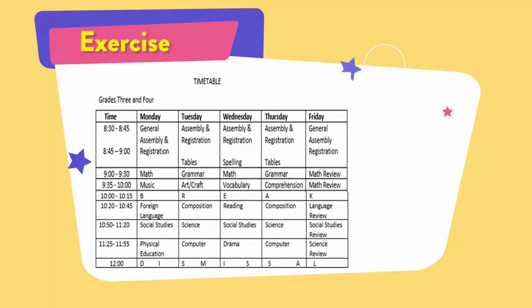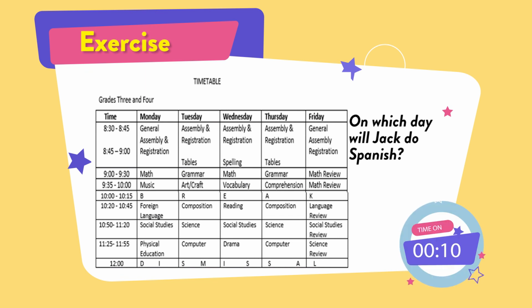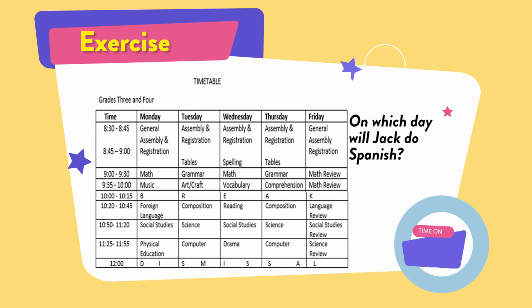So let's look at this timetable and see if we could find the information that is required. Our first question, on which day will Jack do Spanish? Now here, it asks for which day. So we have to look at each day on the timetable and see where we find Spanish being done.